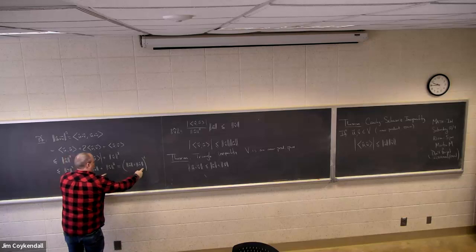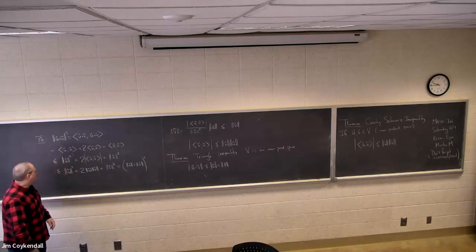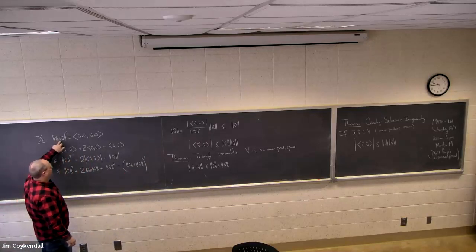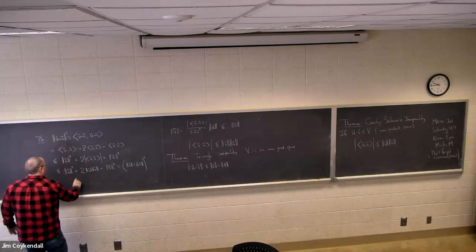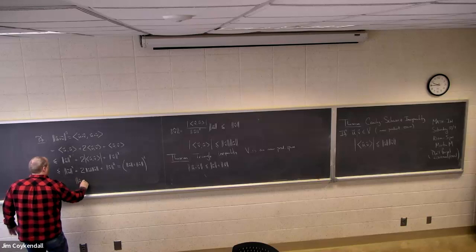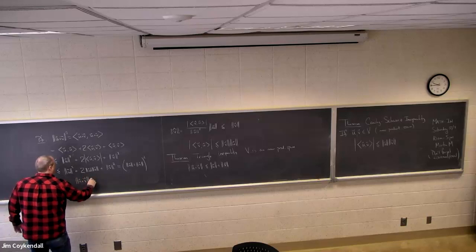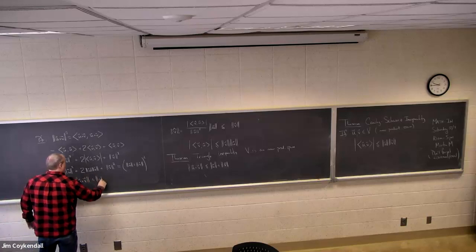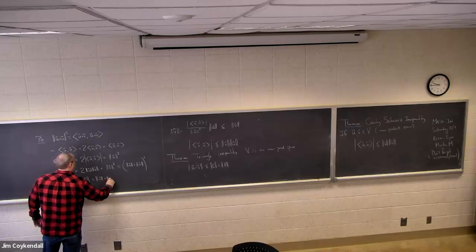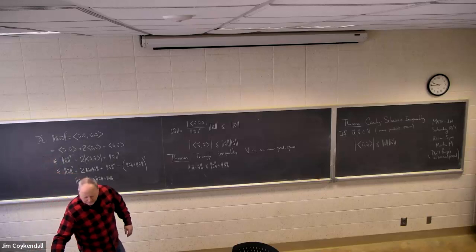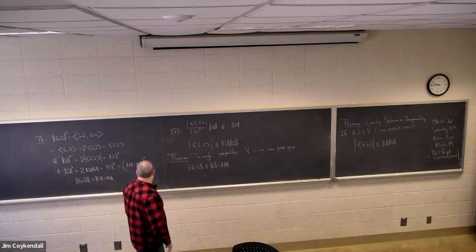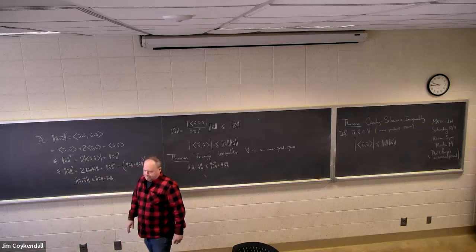Square that, and 2 times the product in the middle. So you have this squared is less than or equal to this squared. If you take the square root of both sides, you get the length of U plus V is less than or equal to the length of U plus the length of V. And there you have it. Okay. Any questions on that?